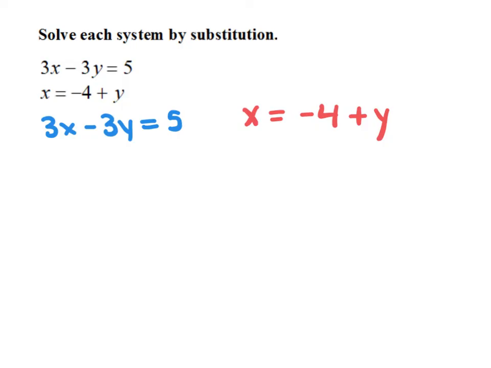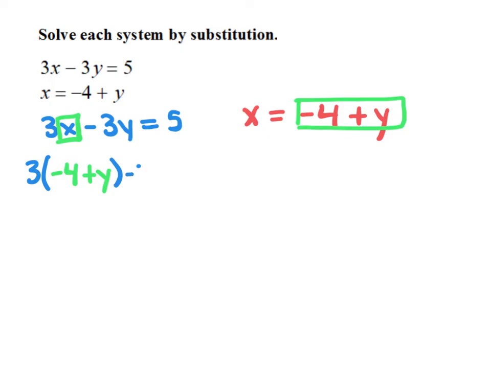Now again, we notice that x is already by itself, so I'm going to take this entire value and plug it in for x in the other equation. So it becomes 3 times the negative 4 plus y minus 3y equals 5.